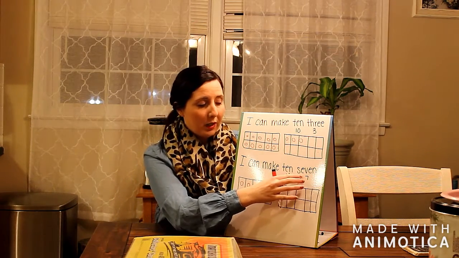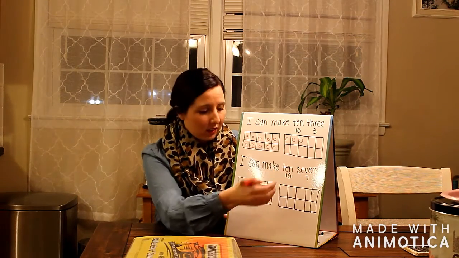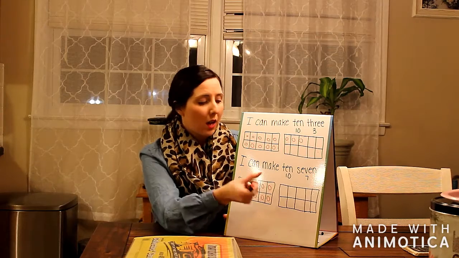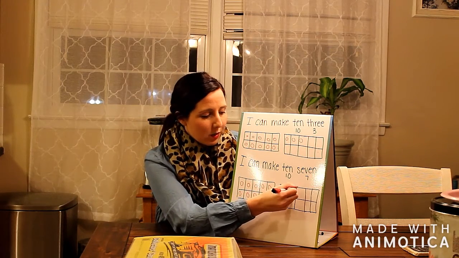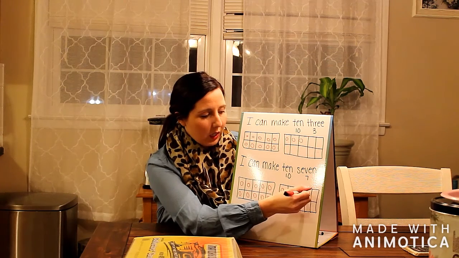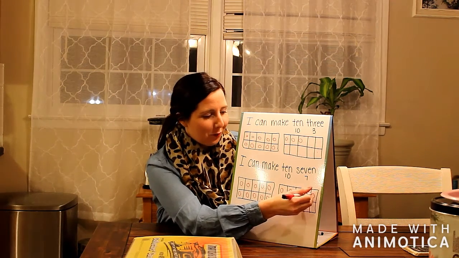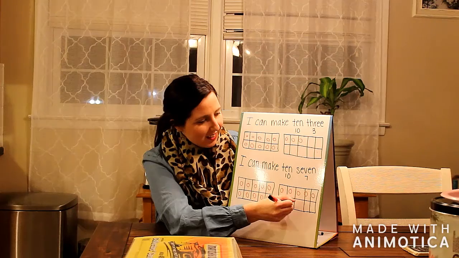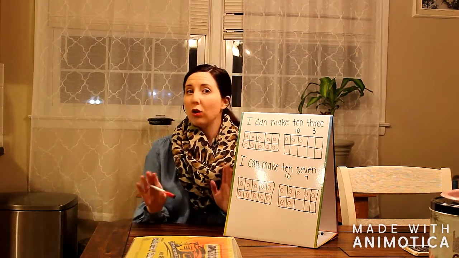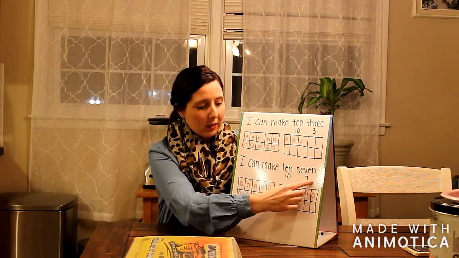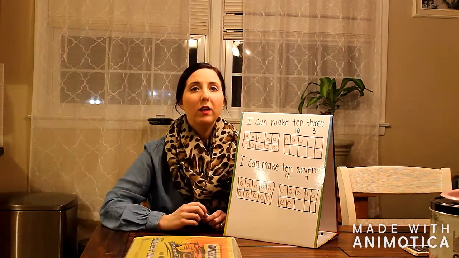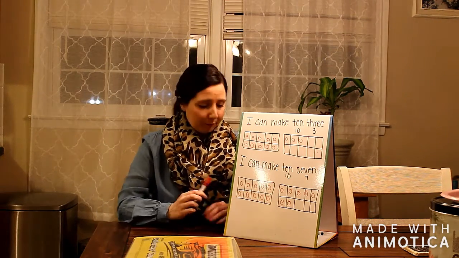The second number I need to make is, that's right, you guessed it, 7. So I'm going to come to my next 10 frame and I'm going to draw my 7. 1, 2, 3, 4, 5, 6, 7. And that's all you need to do. We're just drawing the first part and the second part in 2 different 10 frames. And then you're all done.